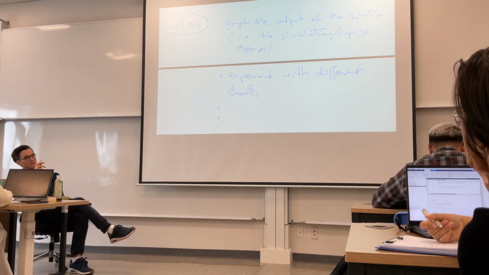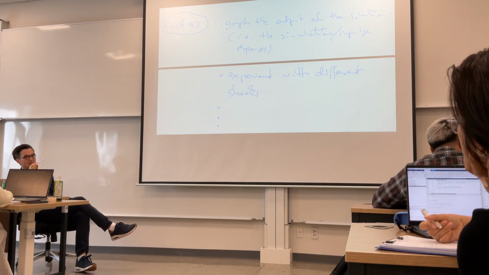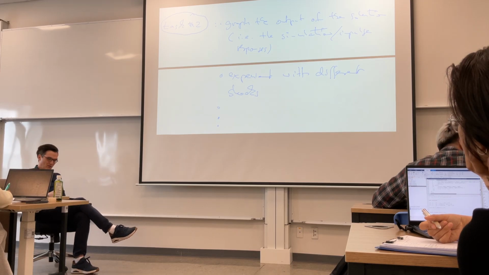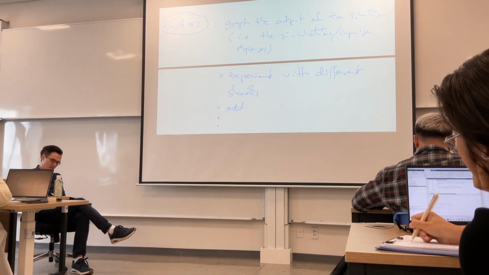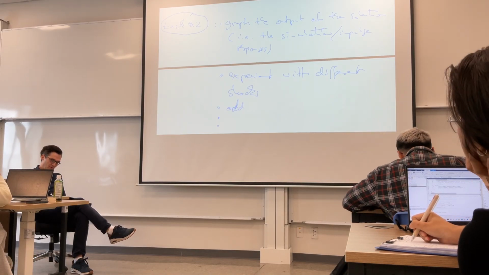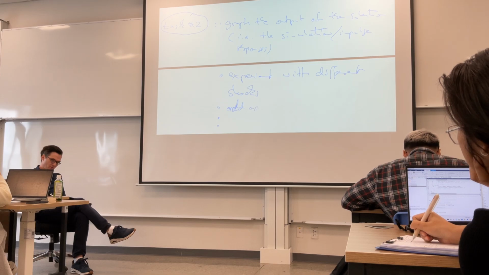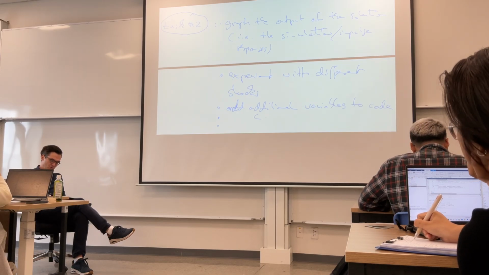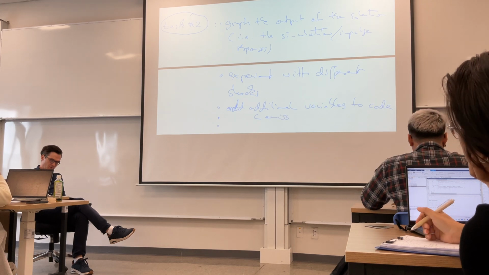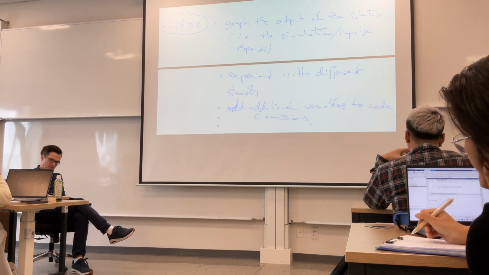I think we need to go at least 5 minutes longer because we started 5 minutes late and I want to finish this, but you could do lots of other experiments. You could add additional variables to the code, to the model. So these could be, for instance, emissions, etc. Right?